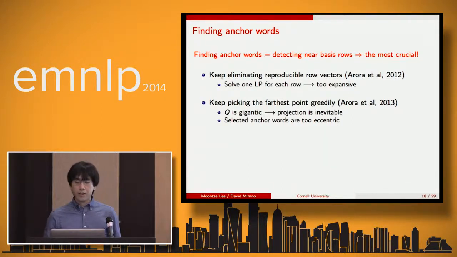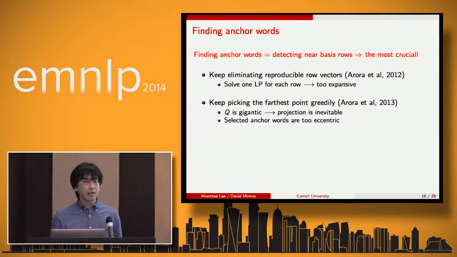So there are two different previous works. One is Arora et al. 2012. They keep eliminating all the reproducible word row vectors by solving an LP, but solving an LP is very expensive and impractical. And the next work, Arora et al.